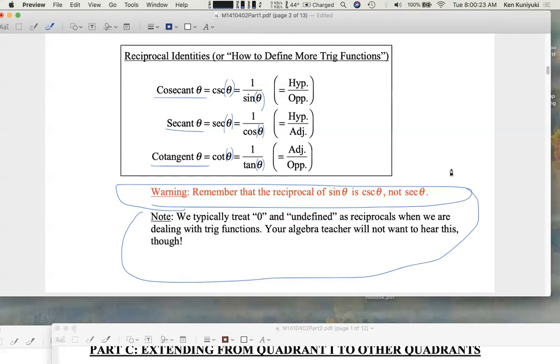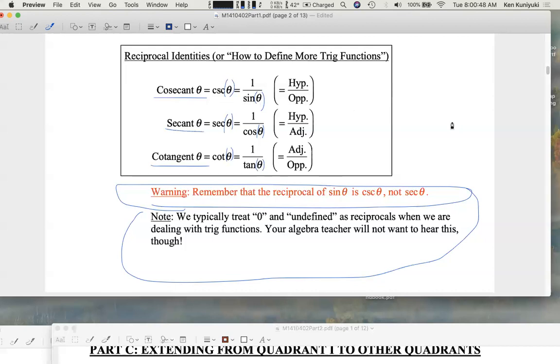In basic trig, we can think of 0 and undefined as reciprocals of each other. This will not happen if theta is acute, but it can happen if theta is quadrantal. So, for example, if sine of theta is 0, then cosecant of theta will be undefined. So your algebra teacher would agree that the reciprocal of 0 is undefined.